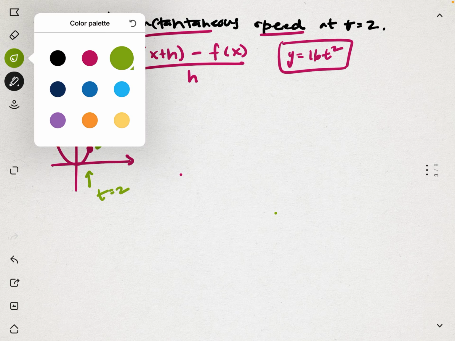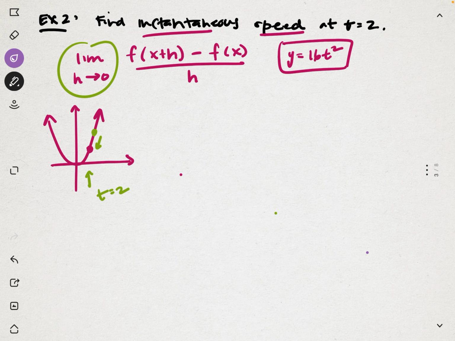So let's do a different color here. We're going to do f of x plus h, so we're going to do 16 times 2 plus h, because it's saying at t equals 2, so we're plugging in our 2 here and our 2 there.